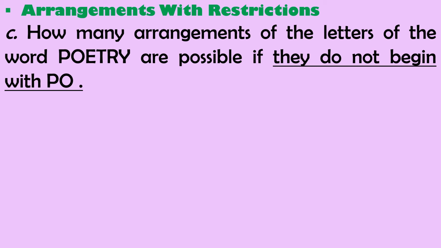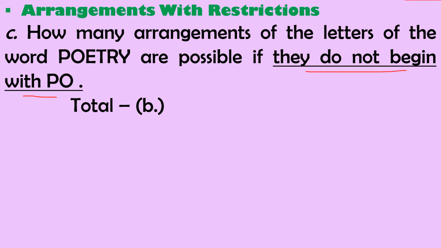So in letter B, the question is if they begin with PO. This time, the question is if they do not begin with PO. So we have here total minus the answer in letter B.